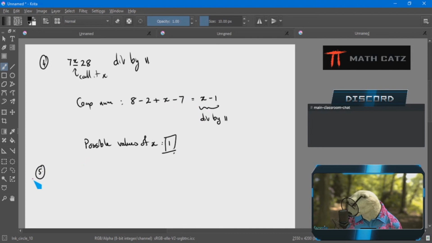And then one more to do. 2, 2, 8, 7 blank is divisible by 4. All right.